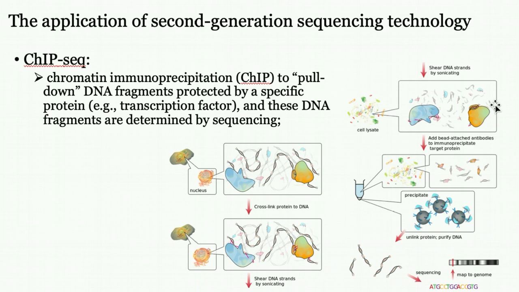Some of the DNA is bound by specific proteins. It could be a transcription factor. You can pull down that DNA and then only sequence it. By doing sequencing, you know where in the genome is bound by a specific protein. So that's ChIP-seq.